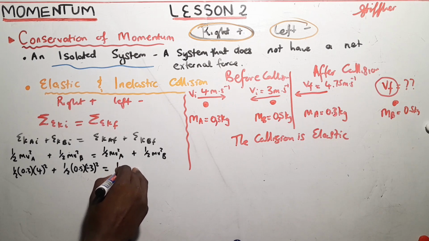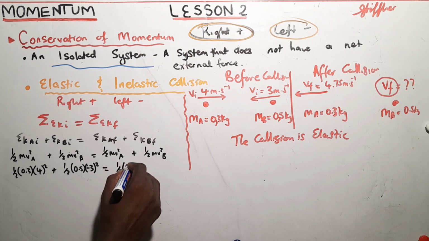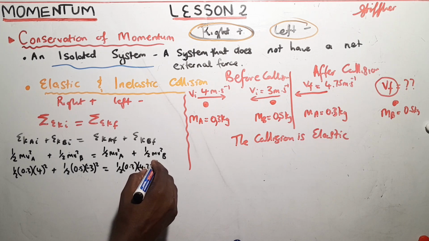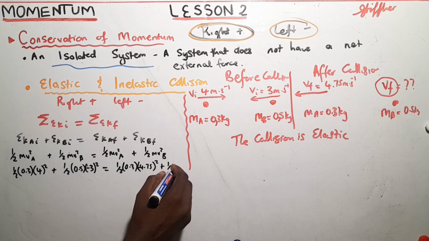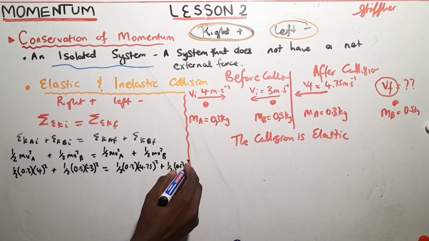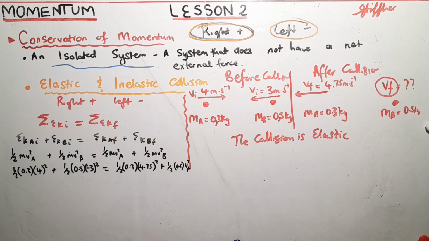Then half the mass of body A, still 0.3, and the final velocity being 4.75, but negative since it is going in the opposite direction, squared, plus half the mass 0.5 and the velocity squared final, we are trying to find that.